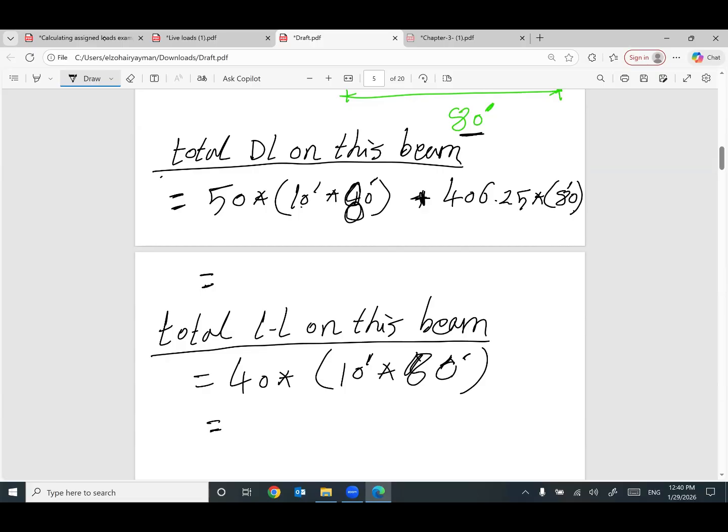So this total dead load equals 50 by 10 by 80 plus 406.25 times 80. So the total will be 72,500 pounds. And the total live load on this beam will be 40 times 10 times 80, which is 32,000 pounds.